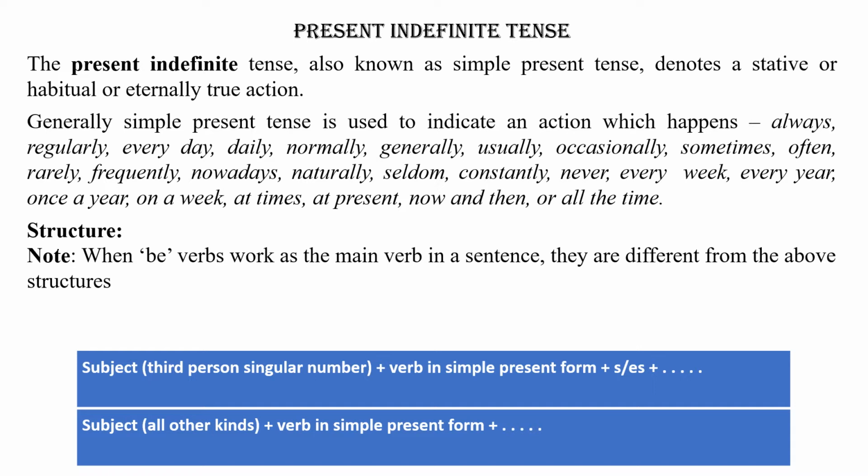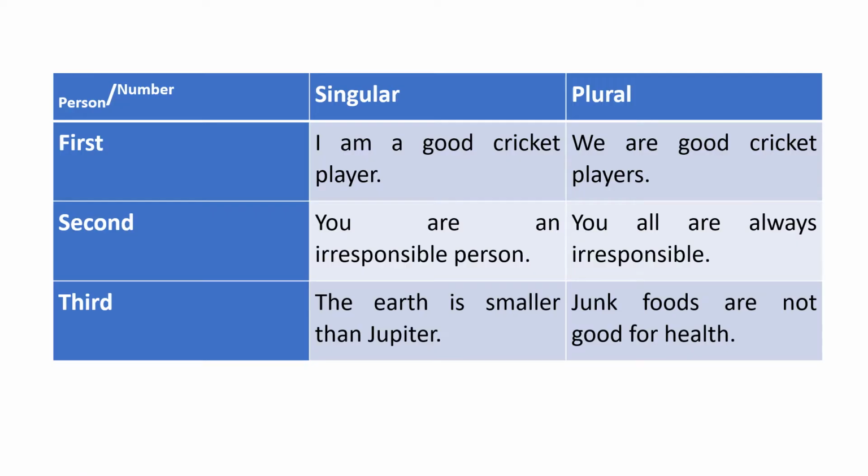Subject, all other kinds, plus verb in simple present form, plus the predicative form of the sentence. This chart shows the first, second, or third person with singular and plural.